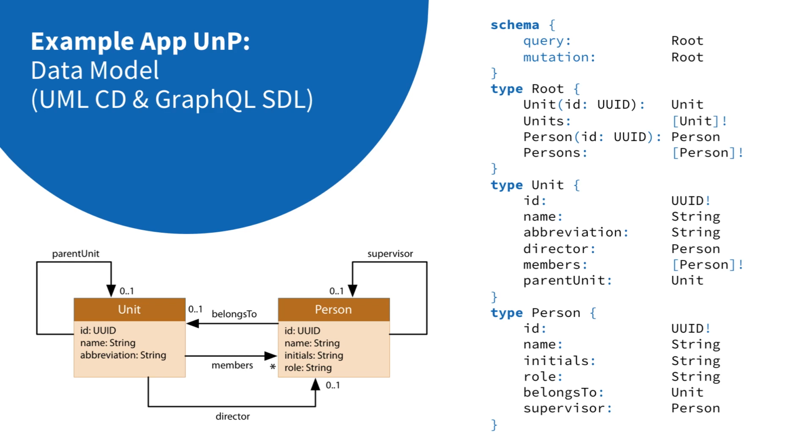Queries are our read operations, mutations are GraphQL write operations. And the only syntactic sugar you see is that relationships with an arity of 0 or more are encoded as an array with those brackets, and the exclamation mark in the schema definition language means not null.